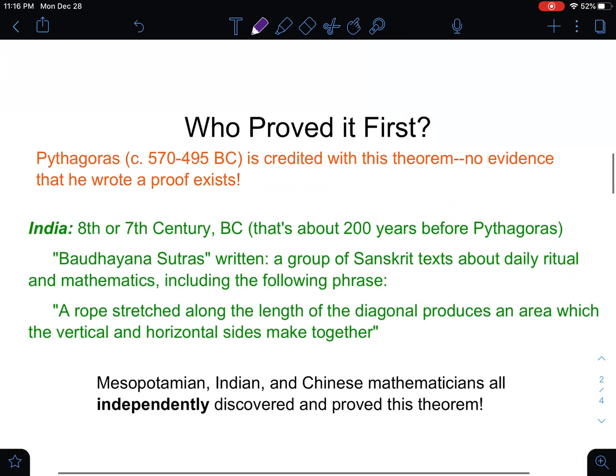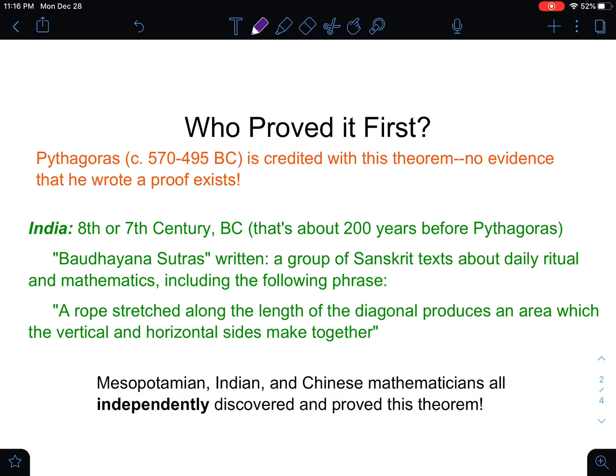Now, why is this named after Pythagoras? He's credited with this theorem. Pythagoras was born about 570 BC and died about 495 BC. However, there's no evidence that he actually wrote a proof.